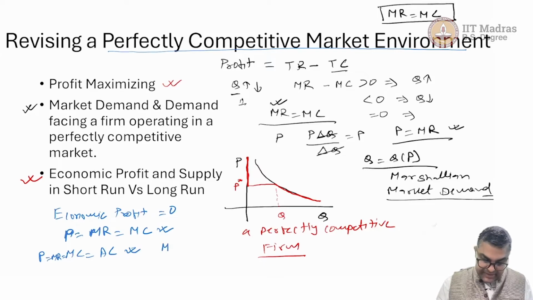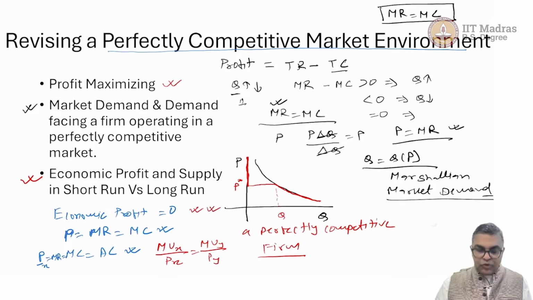If this is the price for good X, then we also get MUX, because marginal utility is what we should be writing here. Let me say the marginal utility over Px is equal to MUY over Py, and we are assuming that this person is spending a positive amount on good 1 as well as a positive amount on good 2. So this is what you will get.